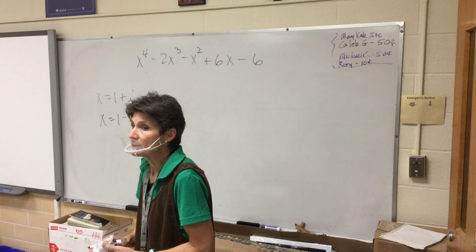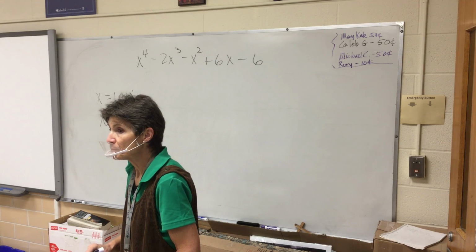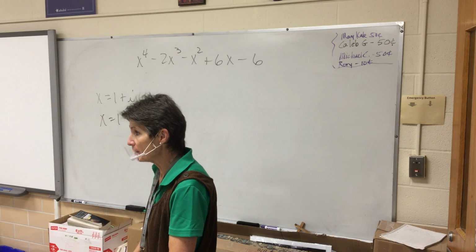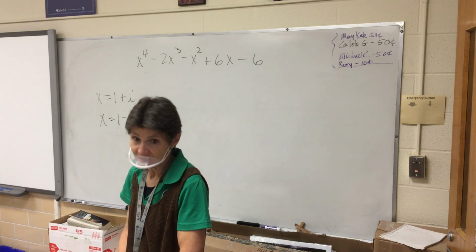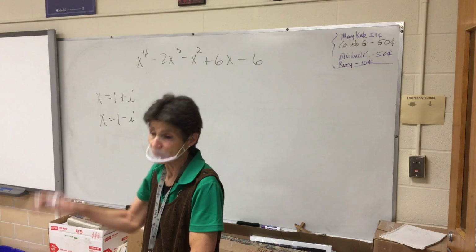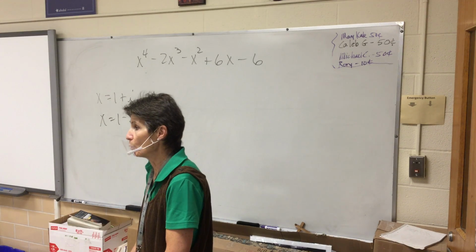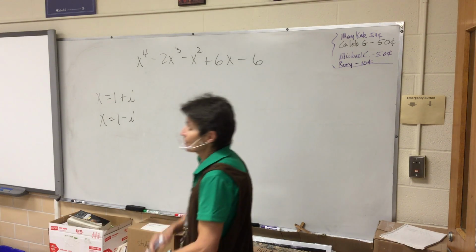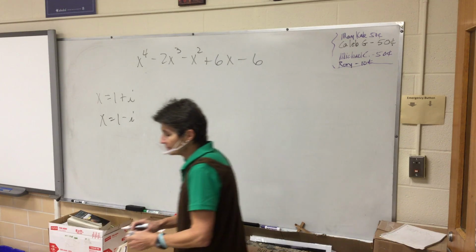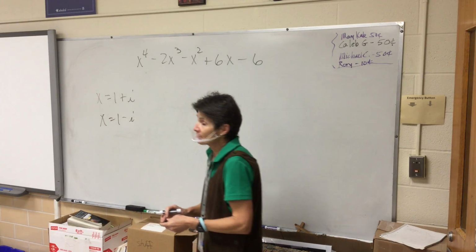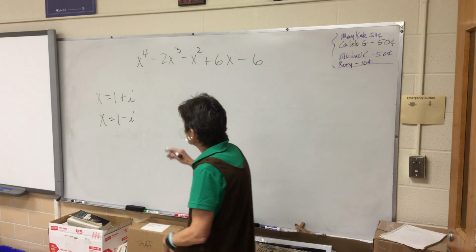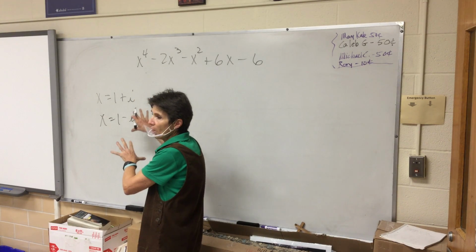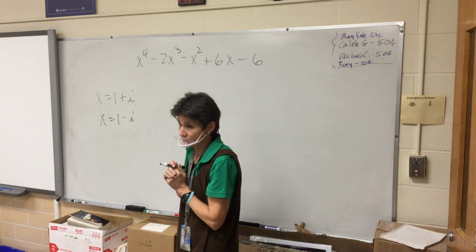You can actually do synthetic division with imaginary numbers, but it involves a lot of multiplication and a lot of simplification. Every step involves some work. So, another way of doing it that is still a lot of work, but I think personally less work, is to think about what these are as factors.